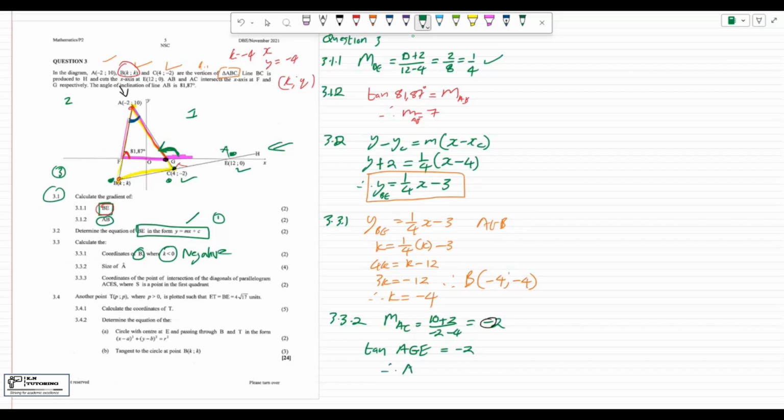So the angle there is going to be the arctan. The answer that you get is negative 63 degrees, and you add 180 there, then it's going to give you 116.56 degrees.